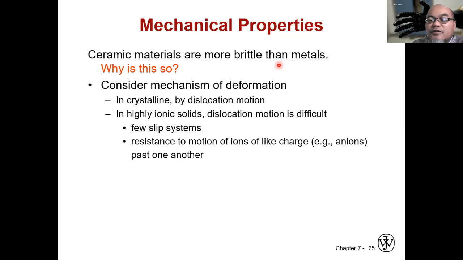The resistance to motion of charged ions past one another is also quite high because of the ionic nature of many ceramics. But in metals, since they have metallic bonding with an electron cloud, it is still quite easy, so they can deform easily.